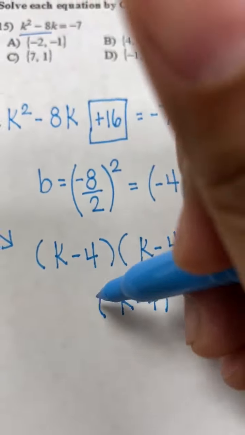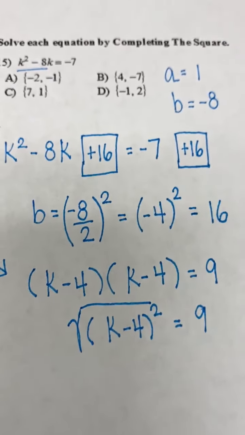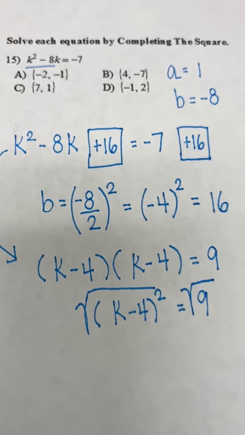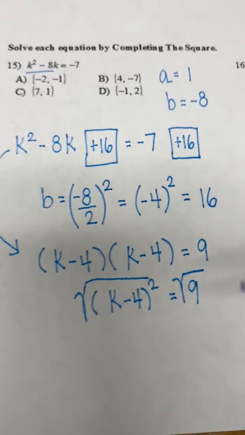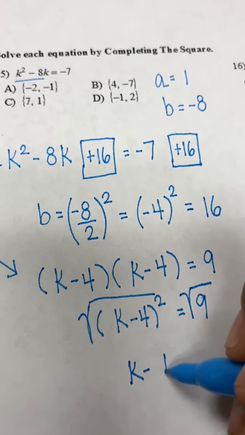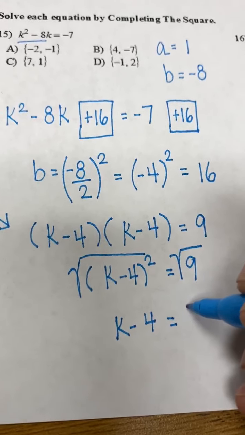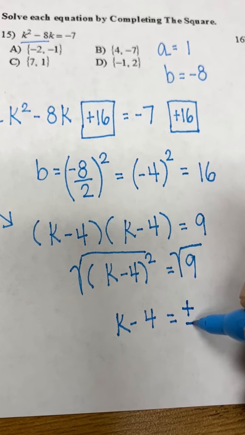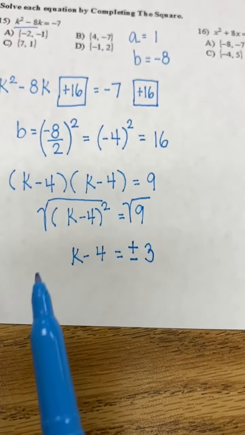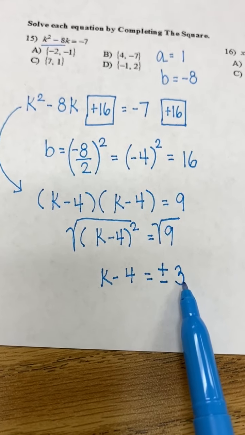So I'm going to square root this part, and what I do to one side, I do to the other. When I square root, it becomes just k minus 4 equals... Now, in Algebra 1, I told you that there are two solutions, a positive and a negative, and the square root of 9 is 3. So you're going to get k minus 4 equals a positive or a negative 3.